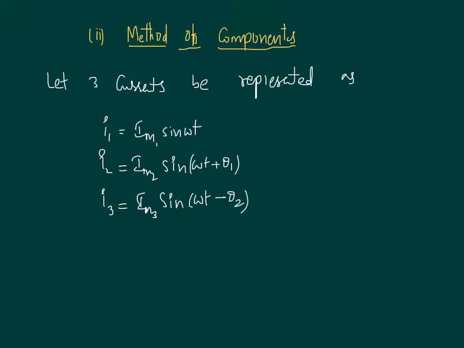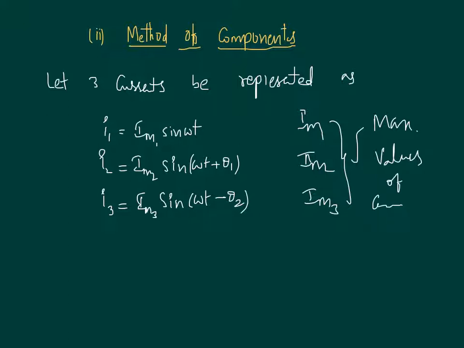This is just an assumption. Here Im1, Im2 and Im3 are maximum values of the corresponding currents I1, I2, I3.